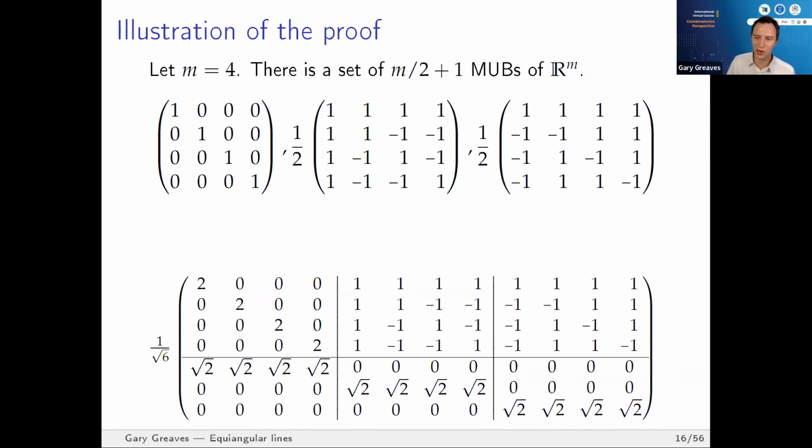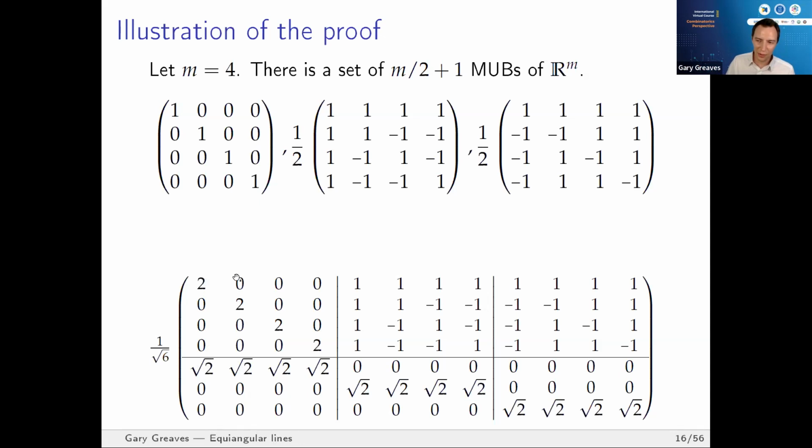So let's try to check that. If I do this first vector here, inner product with this second vector, what do I get? Well, I'll get 2 times 0 plus 0 times 2 plus 0 plus 0, and then square root 2 multiplied by square root 2. So that will give me 2. So I'm just ignoring this factor here. It doesn't really matter.